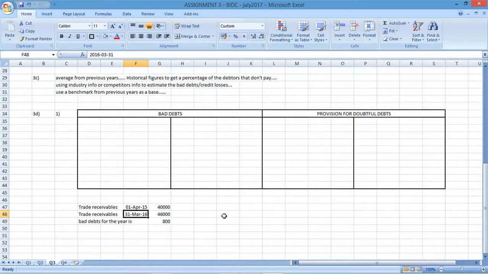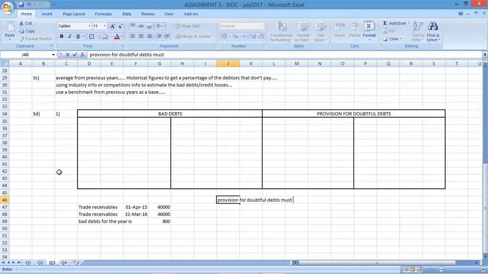Great. And then they say the provision for doubtful debts must be 2.5% of the trade receivables.